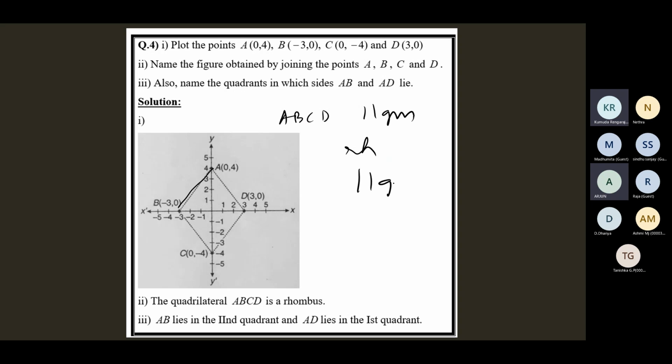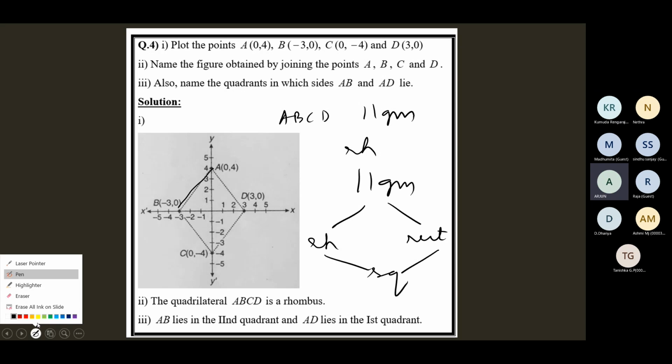See, parallelogram has two special cases, rhombus and rectangle. Rhombus and rectangle put together is a square. Quadrilaterals, we have these classifications. We have kite, trapezium, and parallelogram.